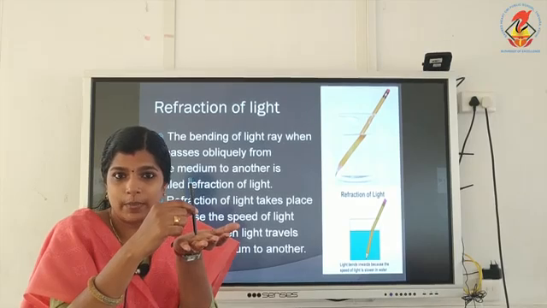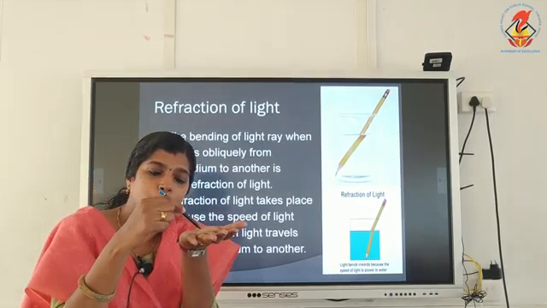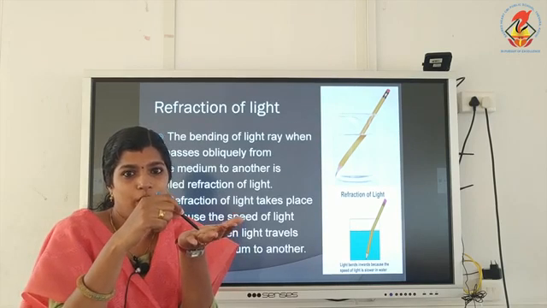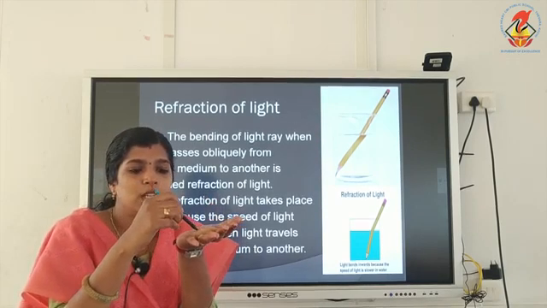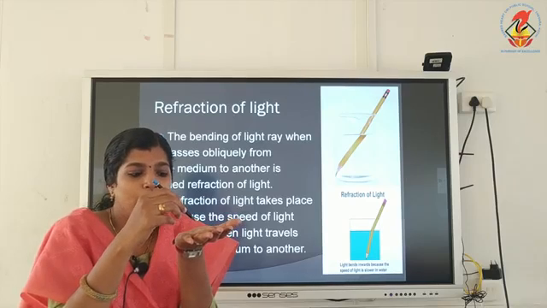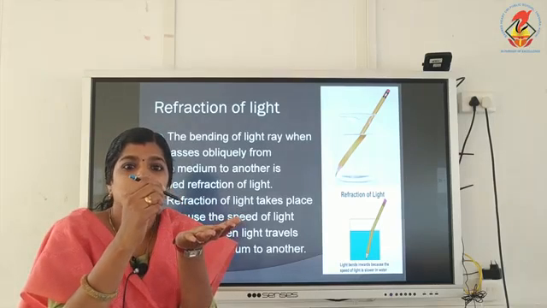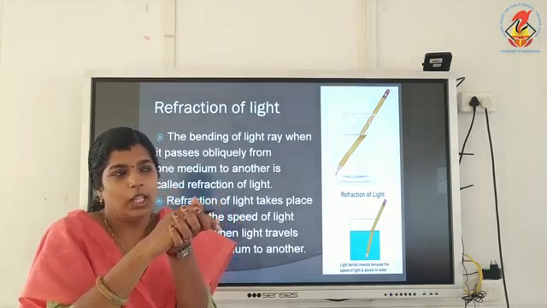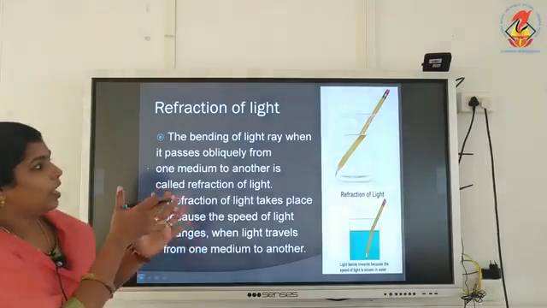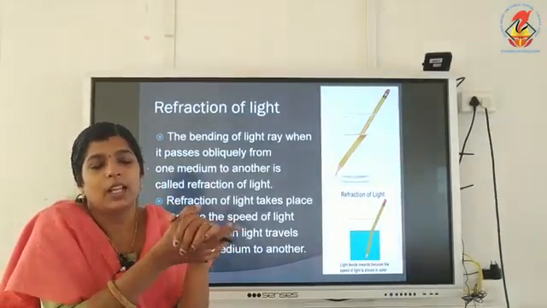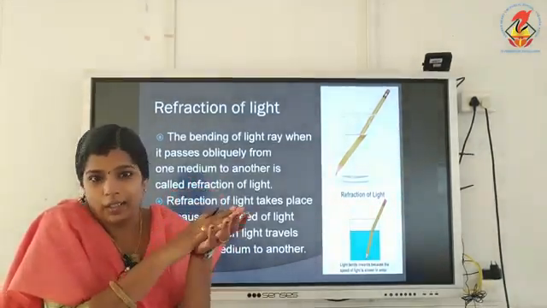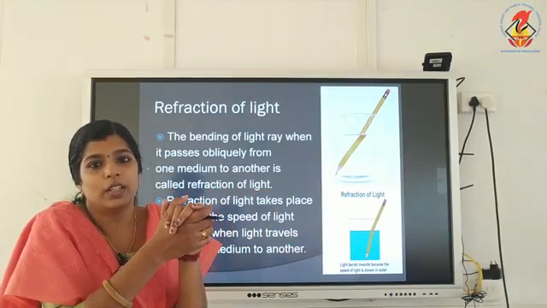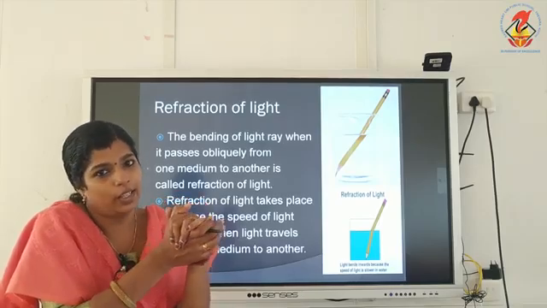It should pass obliquely, meaning at an angle with the normal. If you draw a normal to the surface, the light should be incident on the second medium at an angle with respect to the normal. Then there will be a bending of the light ray when it enters from one medium to another. That is known as refraction of light.